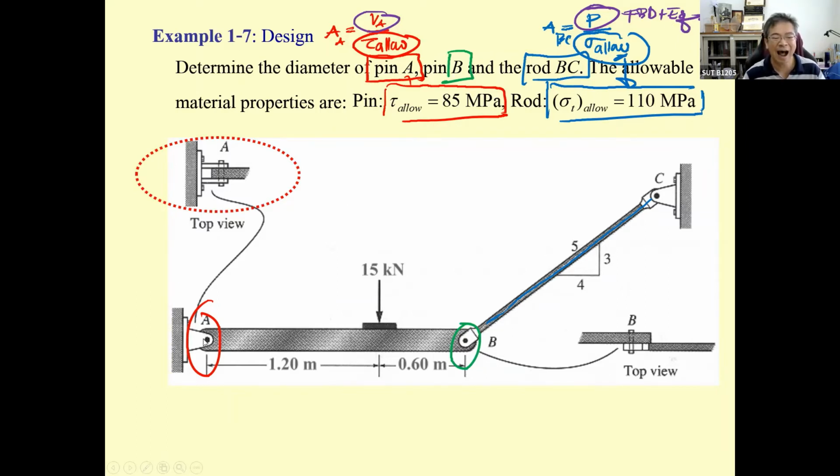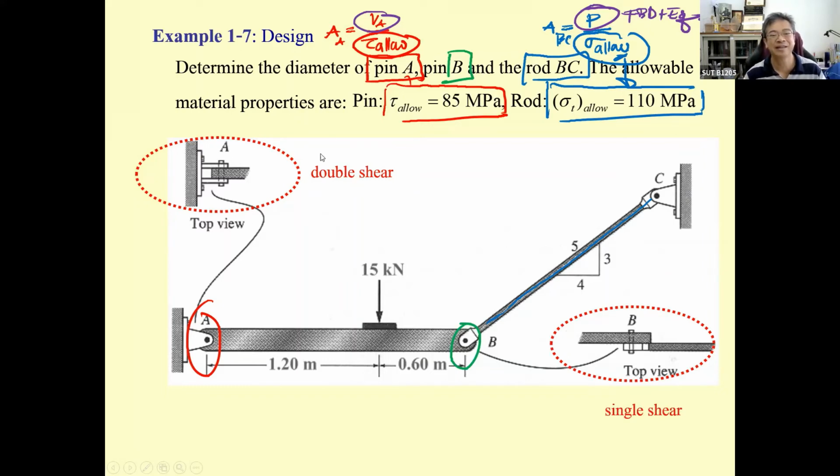The R sub A is going to be 14.1. The force T sub BC is going to be 16.667 kilonewton. Because of what? Because it's going to be the same free body diagram and the same equation of equilibrium.